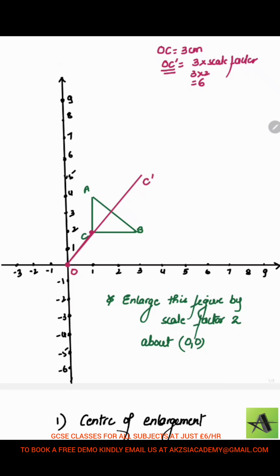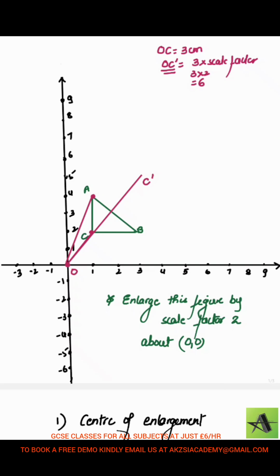Similarly, I'll do it for the other points. This is the point A, this is the point C. What I did last time, I connected them. I'll do the same here. I'll connect them. Once I connect them, I'll measure the length.